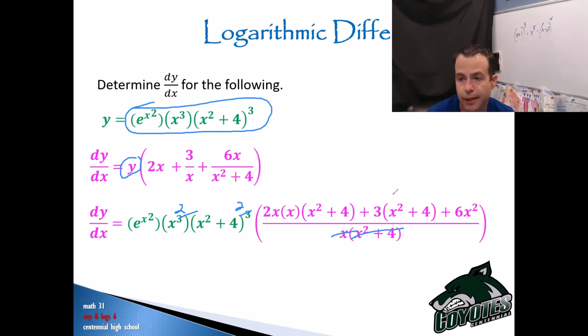So this will be 3x squared plus 12. This will be 2x squared times x squared, so that'll be 2x to the 4 plus 8x squared. And then I can put all that together. I'm going to give you a sec to do that, or you're going to shut me up with the pause button and do that yourself.